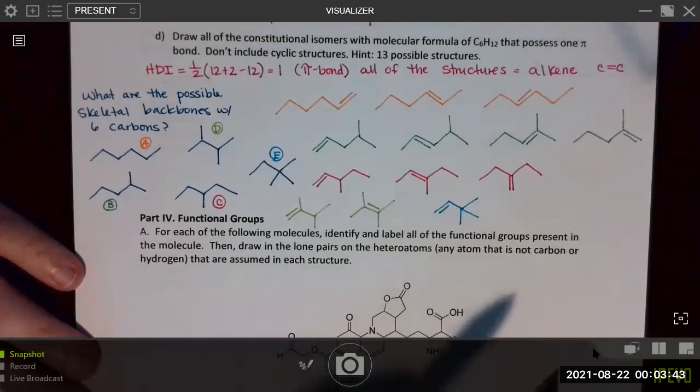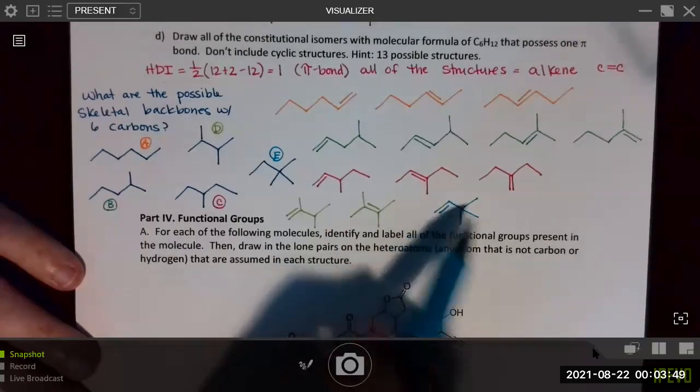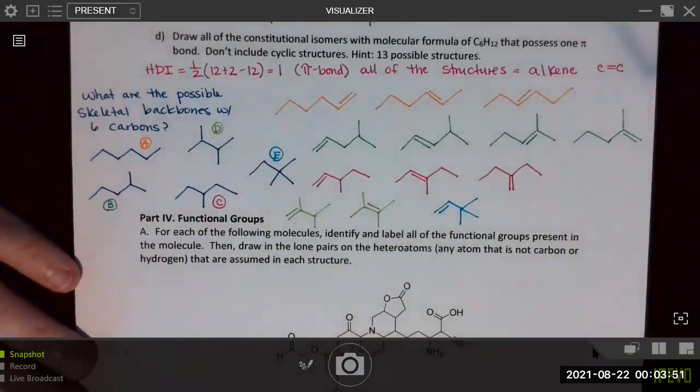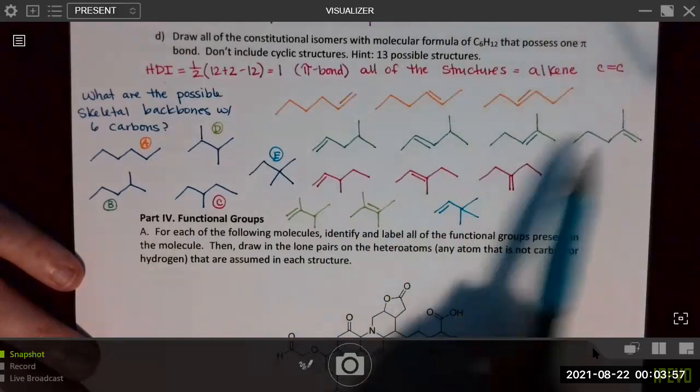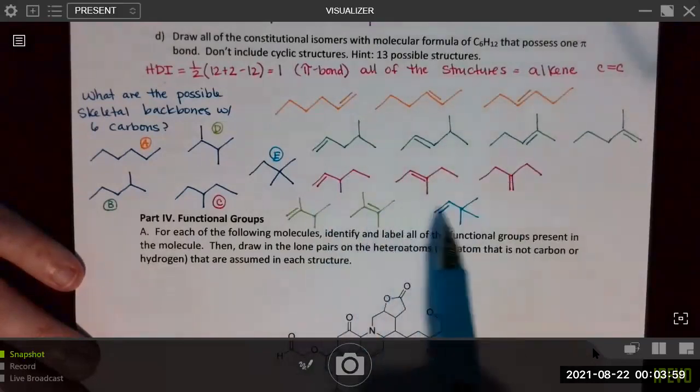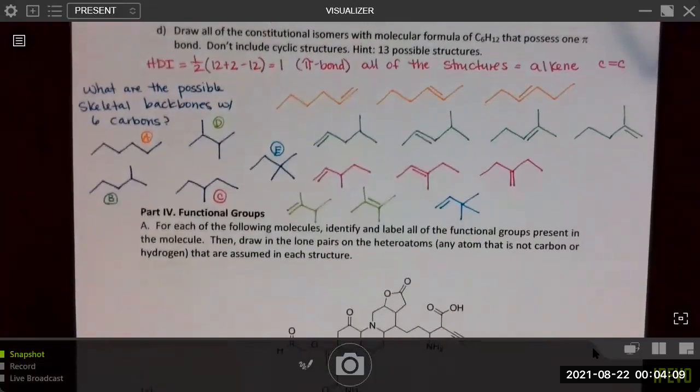That's not possible. So any double bond involving this carbon, whether it's here, here, here, or here, would mean that this carbon has 5 bonds. So that's not a possible structure. So that's it. Let's make sure we got 13. So 1, 2, 3, 4, 5, 6, 7, 8, 9, 10, 11, 12. All right. So systematically, we were able to get the right number without missing any.